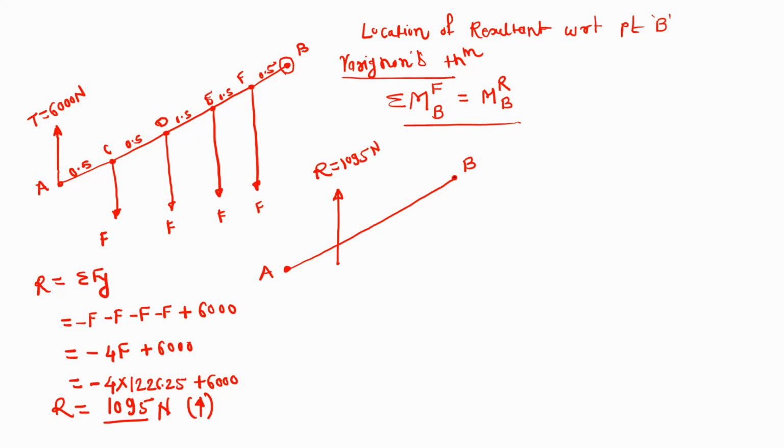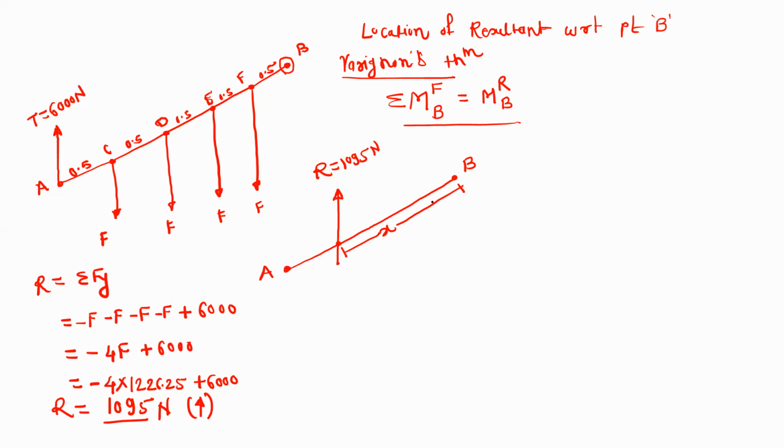So we don't know the exact distance of this resultant with respect to point B. Okay. So just assume the distance x on this beam with respect to point B. So by using Varignon's theorem, we will find out the distance x.